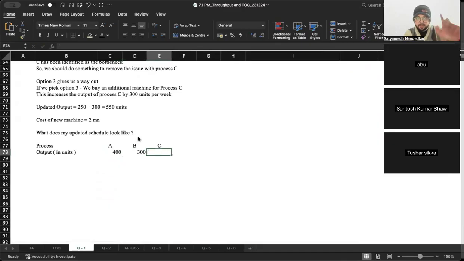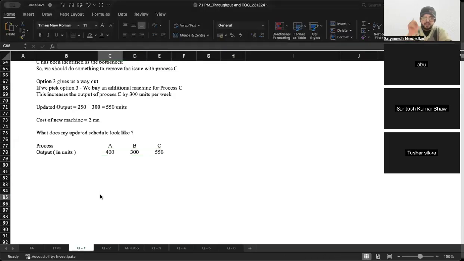But if I purchase the new machine and apply that for process C, the output goes up by 300 units. Where will I be? I will be at 550 units. So this is what my updated schedule looks like. Output A, B, and C: 400, 300, 550. This is the updated schedule.